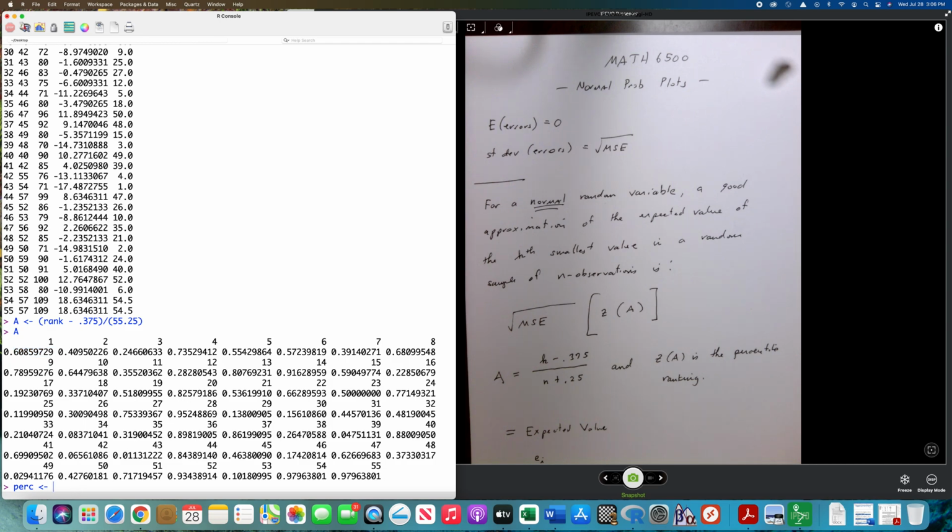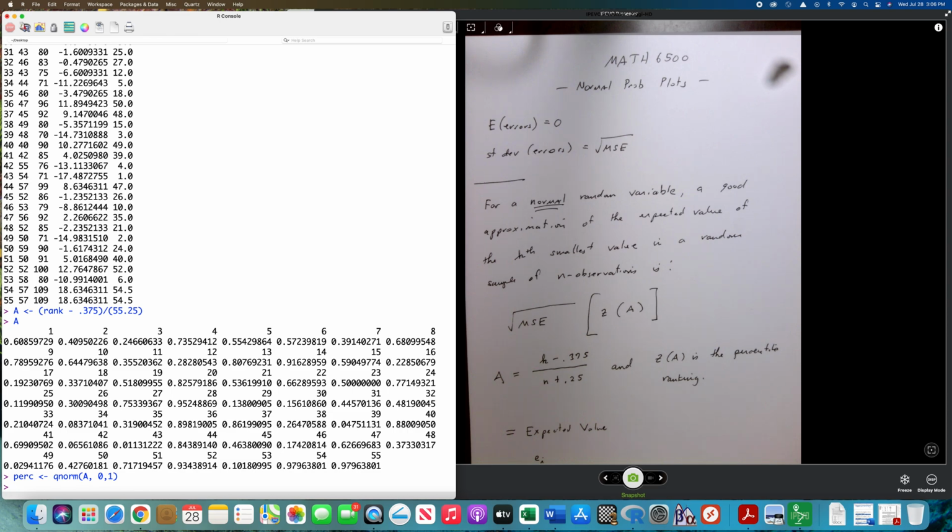So I'm going to take qnorm, and I want the area below 0.1. That's going to give me the ZA.